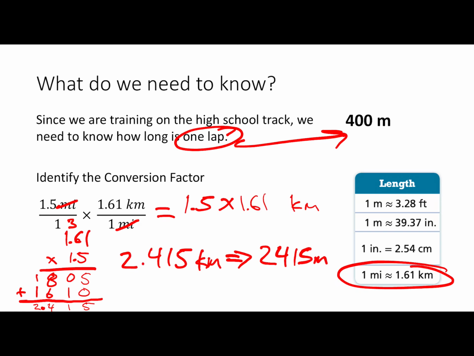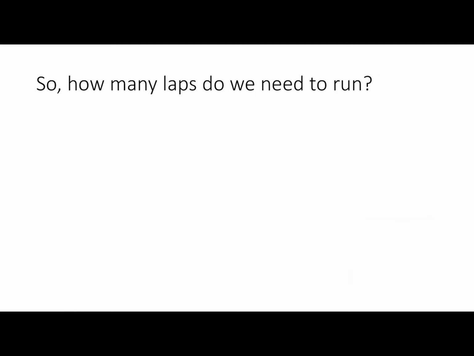which we know is 2,415 meters, because that's what we need to figure out. Our laps are in meters, so we need to convert from kilometers to meters. Now we need to figure out how many laps do we need to run. So we take our 2,415 meters, write that as a fraction over 1, and multiply that by our conversion factor.